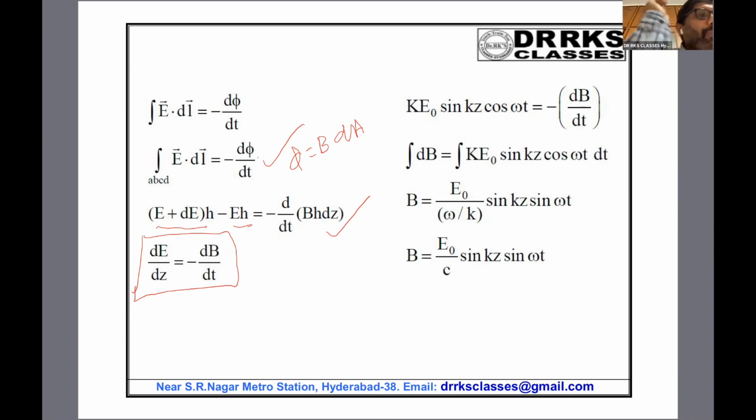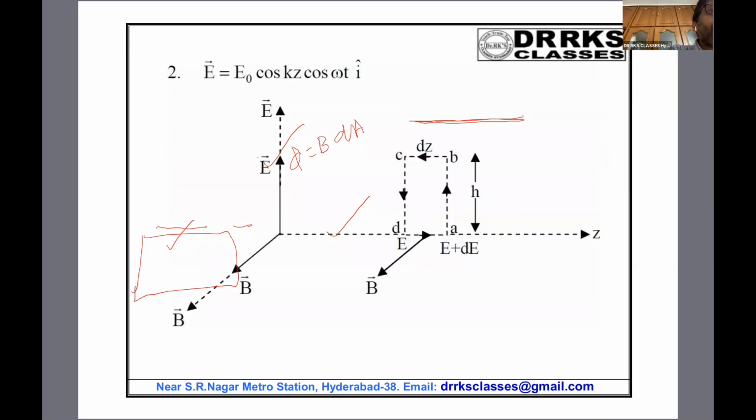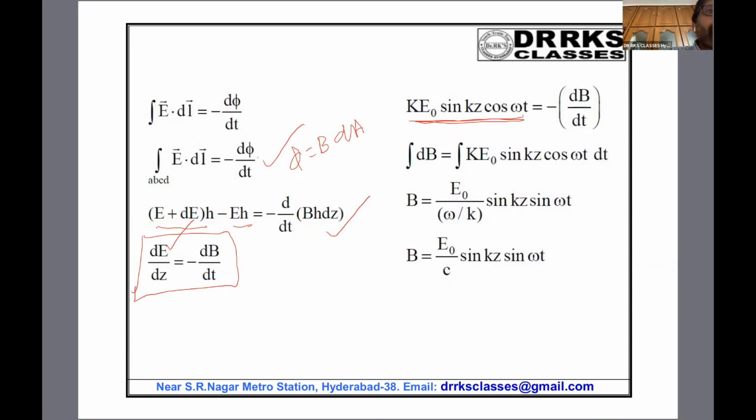That means if you know the electric field, differentiate with respect to z. That's what I did, because the electric field is given. If I differentiate with respect to z, I will get dB by dt, of course with a negative sign. This is very important.